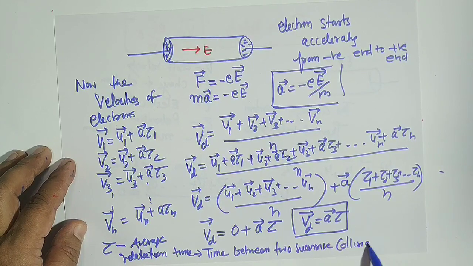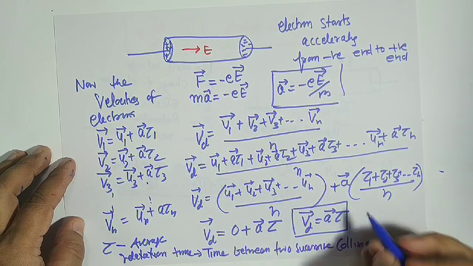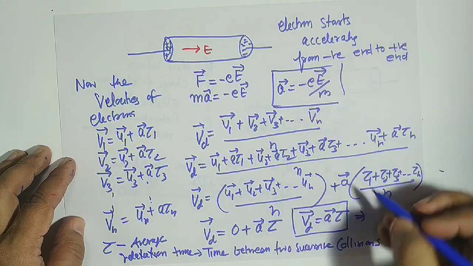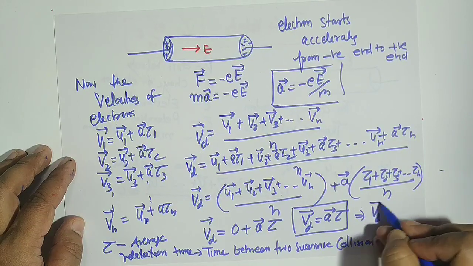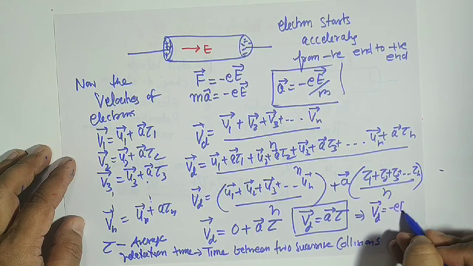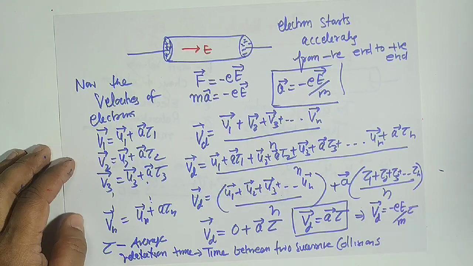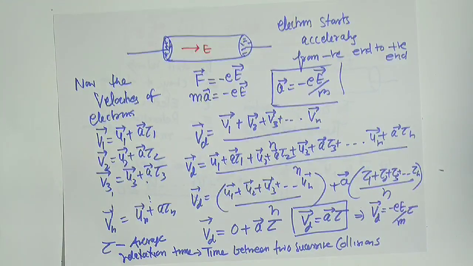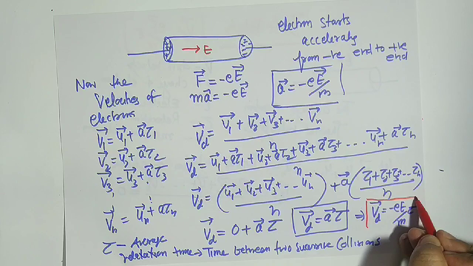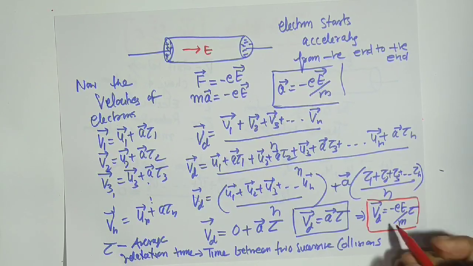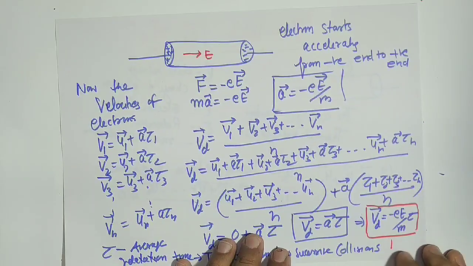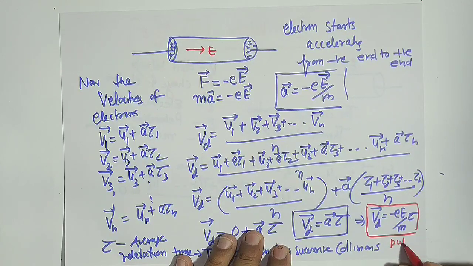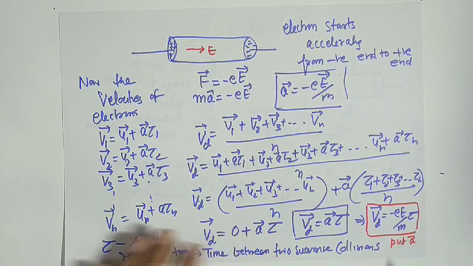So that is relaxation time. And finally, if I replace the acceleration from here, Vd becomes minus eE by m into tau. This is the final expression which we get by putting the value of A.